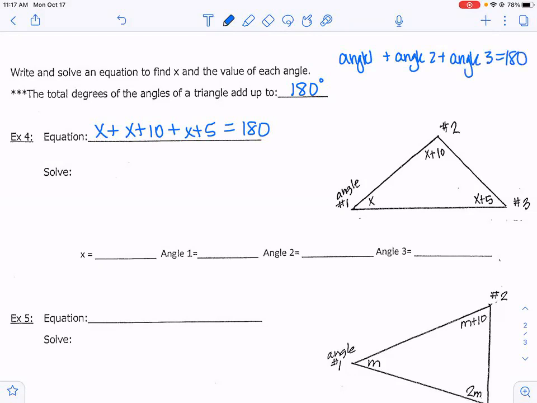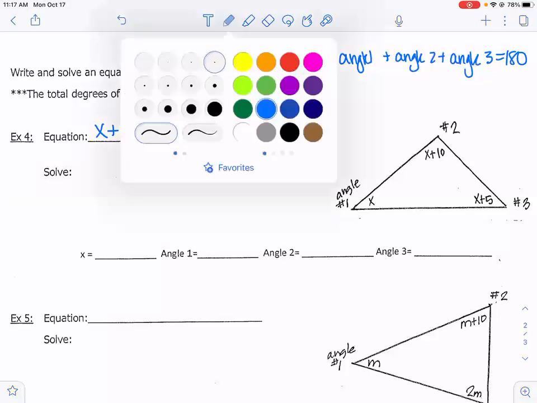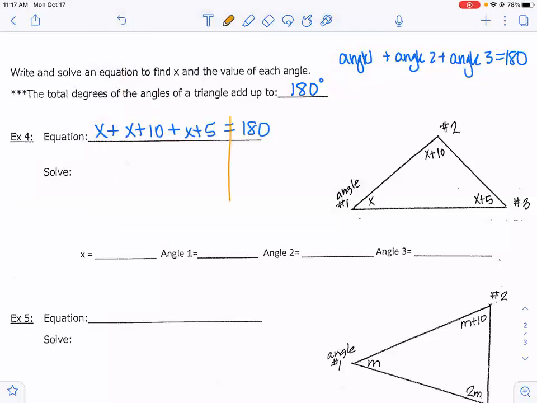Okay, so we can solve it. What does our first step need to be? We need to combine like terms. We have 3 variable terms and we have 2 constant terms. So some of you are already kind of seeing like, oh, this isn't that bad.